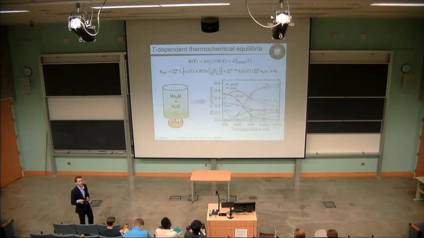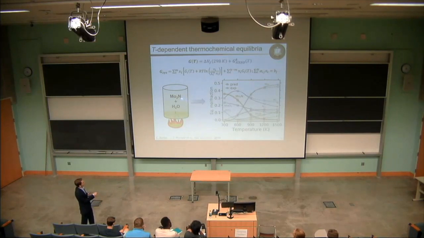Now we can move to a slightly more sophisticated test case. Here I'm showing an expression for Gibbs energy minimization. The basic idea is that we can propose an initial feed to an imaginary reactor, in this case molybdenum nitride and water, and then we use this technique, Gibbs energy minimization, which says these materials at equilibrium will change state to minimize their collective free energy.